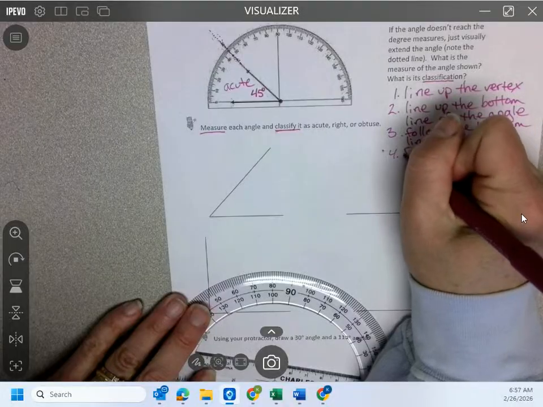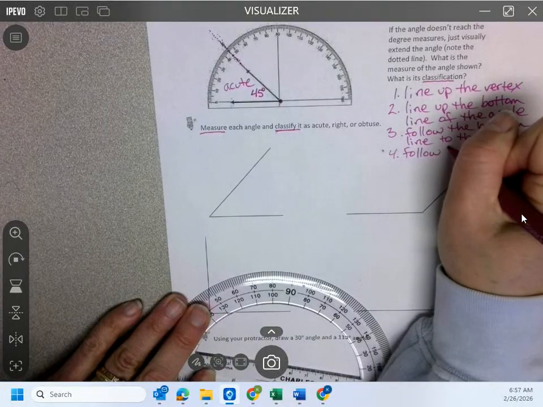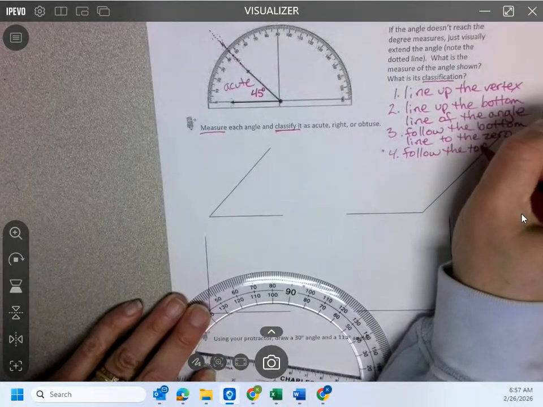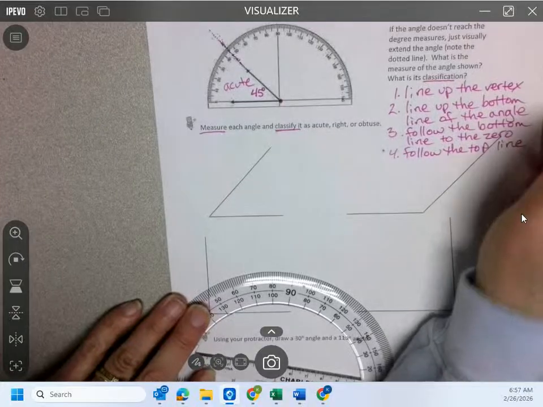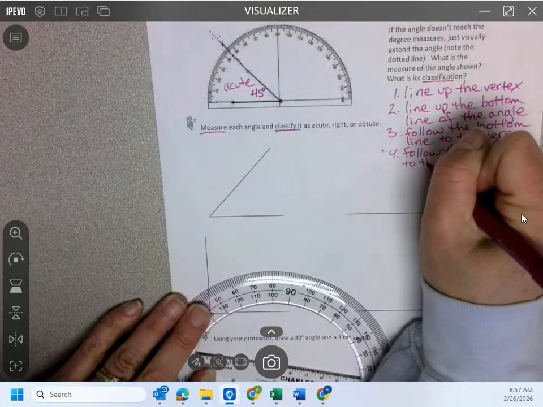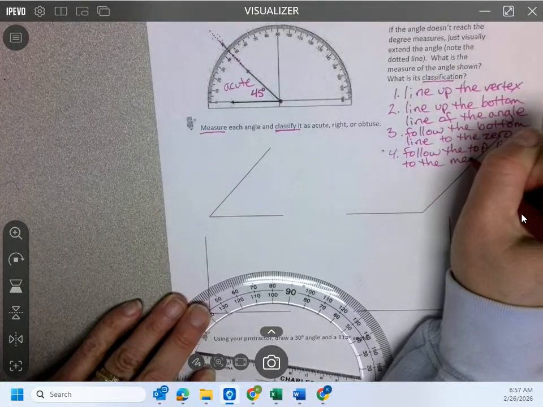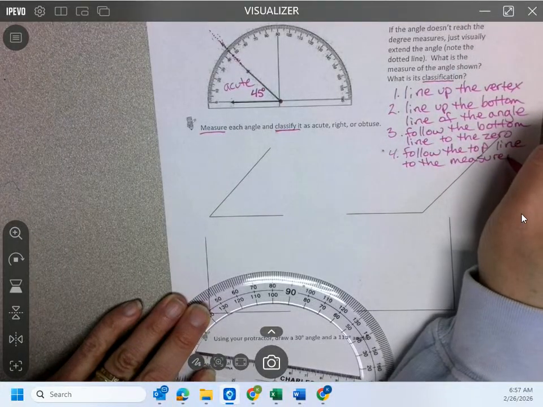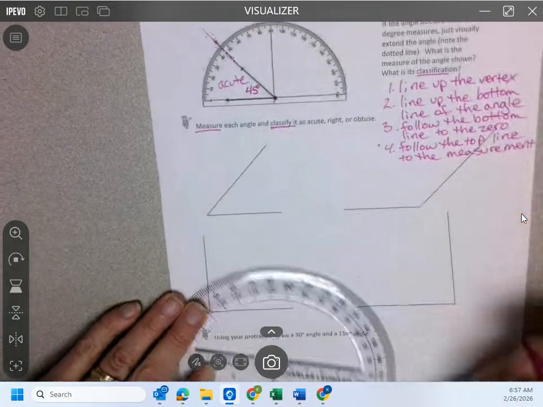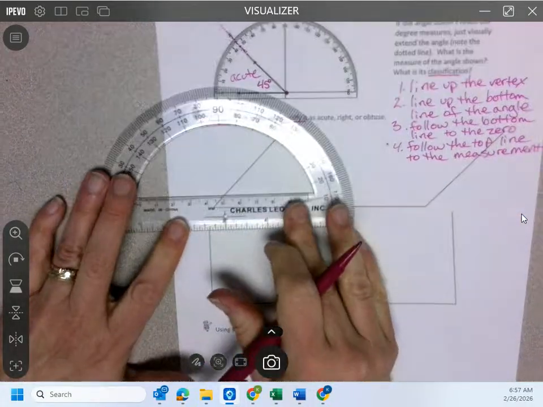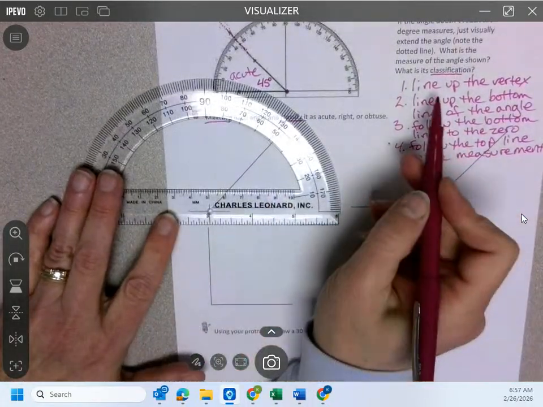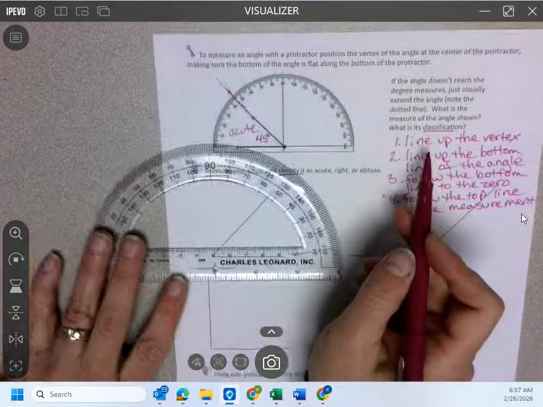Then follow the top line to the measurement. So if we look at our first angle, my first step, line up the vertex.